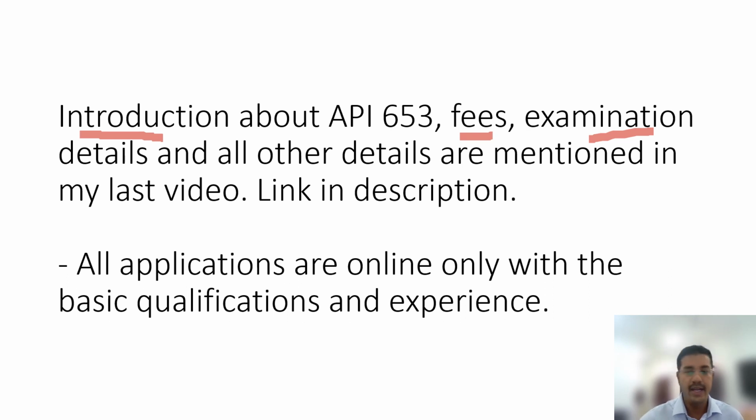There is a website of API, and you have to visit that website and apply online, giving all your details and paying the suitable fees mentioned by API. Then if your application is approved, you can attend the exam as per the eligibility of the exam.